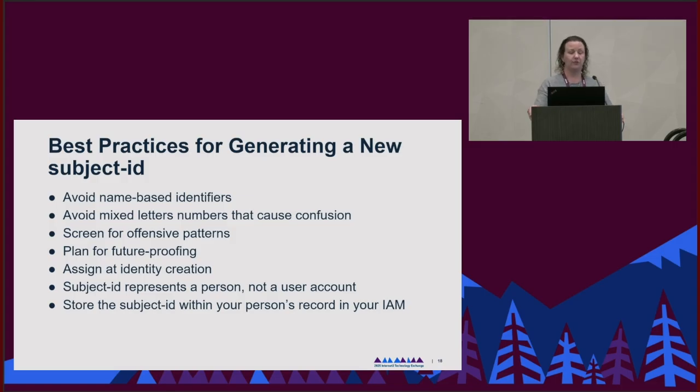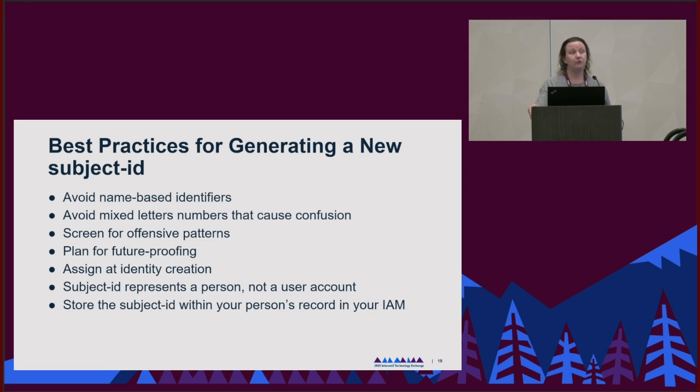Screen your generation for offensive patterns or offensive words. So, we already do this for our username base. We have a database full of words that is scanned against to make sure we don't put any curse words or inappropriate or offensive patterns in those IDs. You would want to do the same thing for the subject ID.